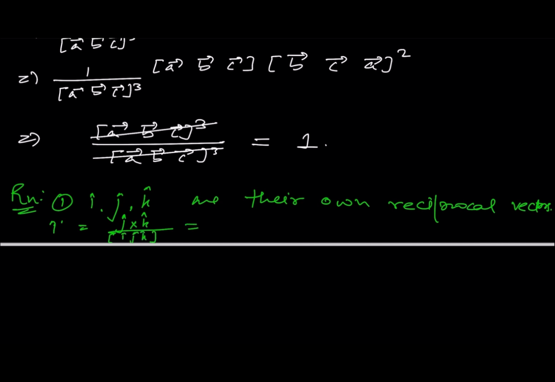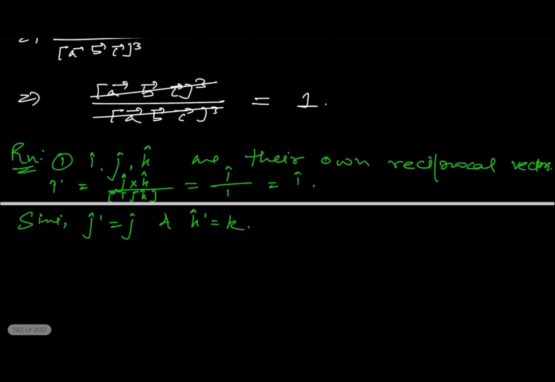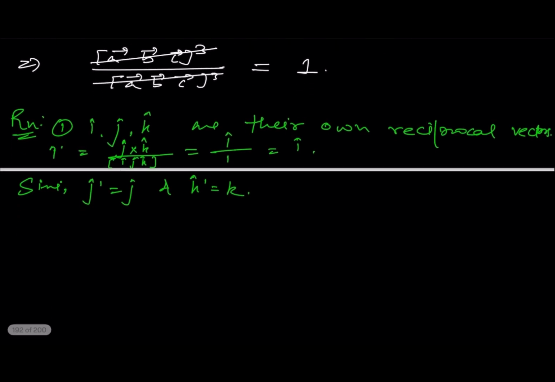So j cross k is nothing but i cap, and box ijk is 1. So i dash is i, right? Similarly, j dash is j and k dash is k. That's why I said i, j, k are their own reciprocal vectors.